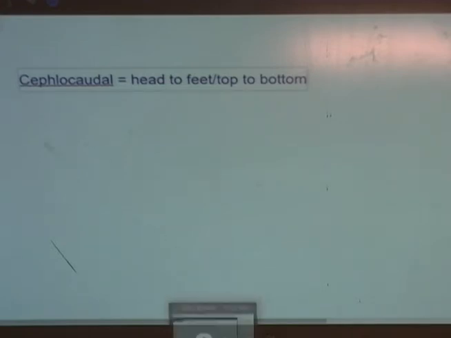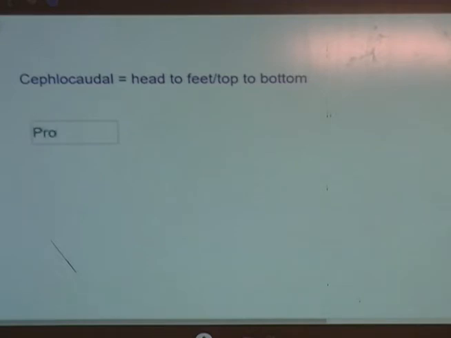And then the other one is proximodistal, equals midline out to periphery.